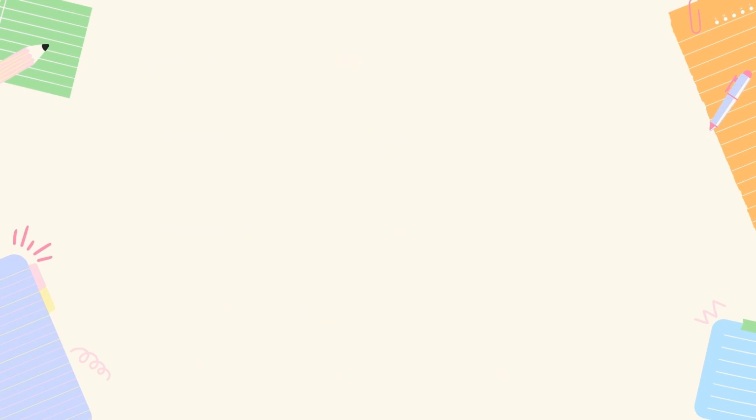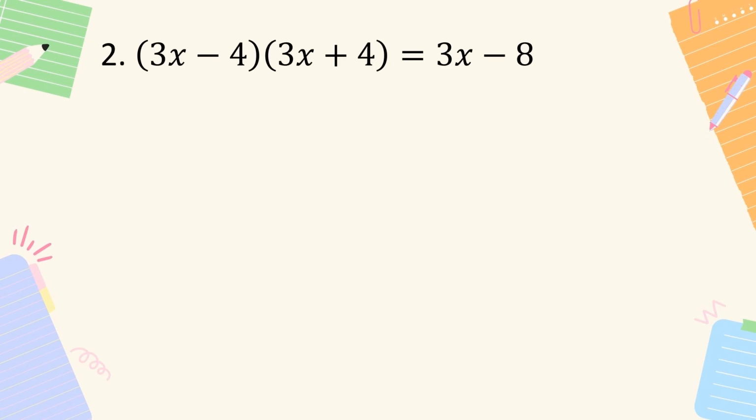For our second example, let's have the product of the difference of 3x and 4 and the sum of 3x and 4 equals 3x − 8. We simplify first the left side of our equation.